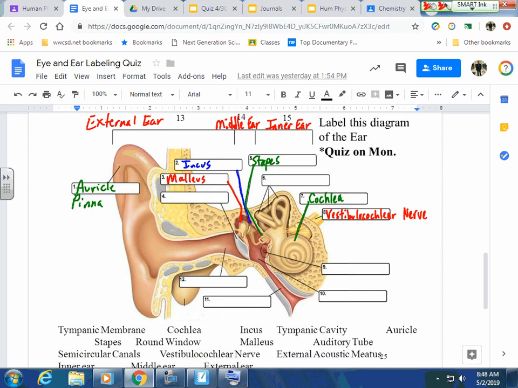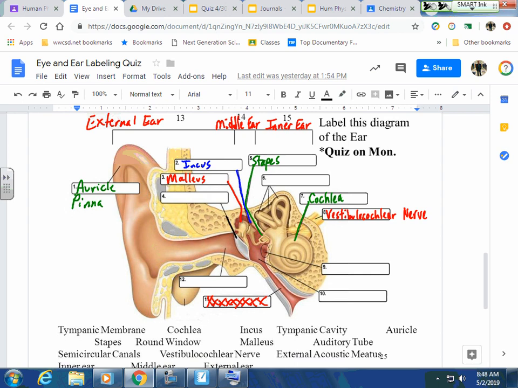It is on here, but I wasn't going to have that tomorrow. I was just going to leave it off. It's pretty easy, though. 14 is tympanum, aka tympanic membrane, which is what it's called on here.